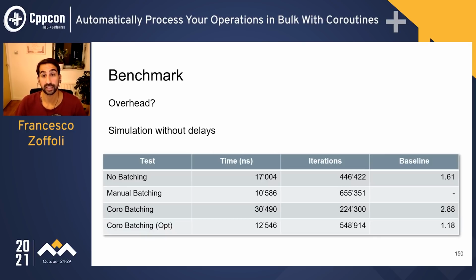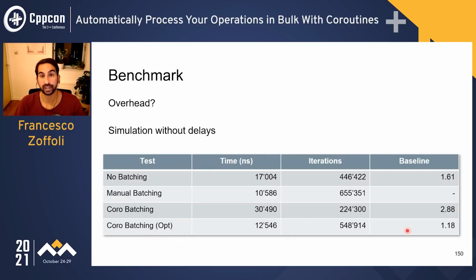But the other aspect is that our implementation is quite naive. It has many indirections like shared pointers, and it allocates coroutines, which slow it down. And we can reduce them with additional customization points that the standard provides. And this is what is called Coro batching optimized.